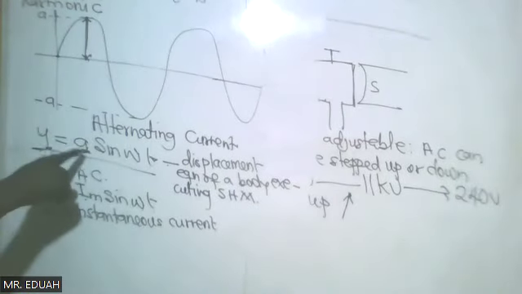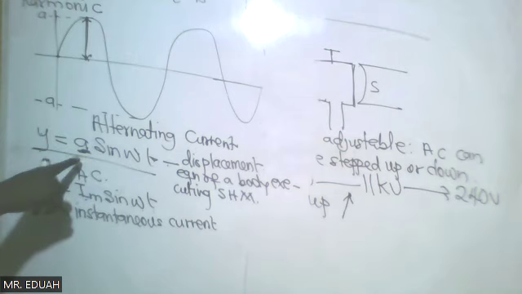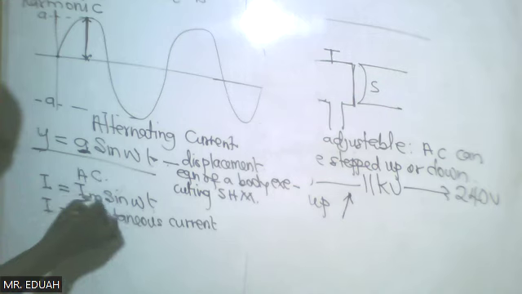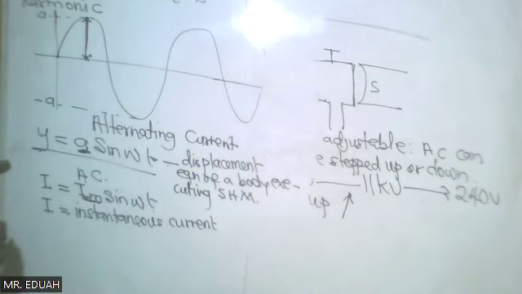A in SHM, A is known as the what? It is the amplitude. So over here, this looks like the amplitude, but we call this Im, the maximum current.